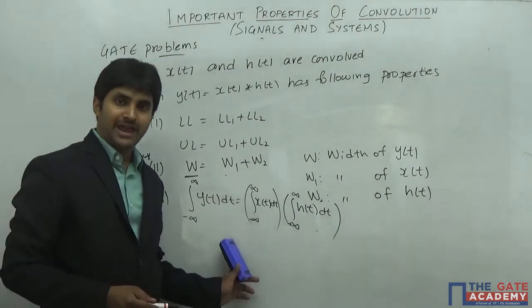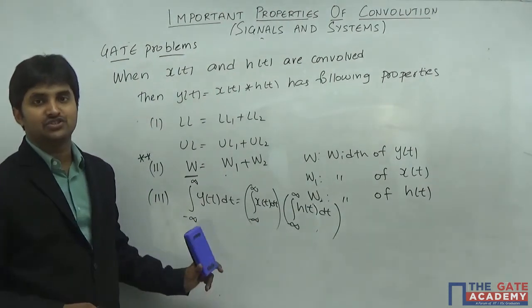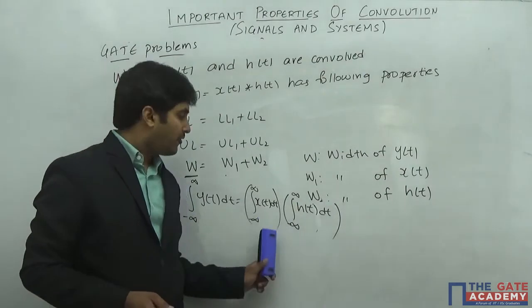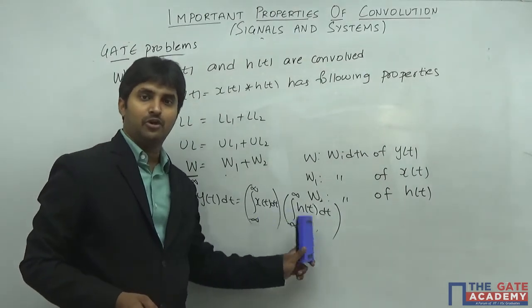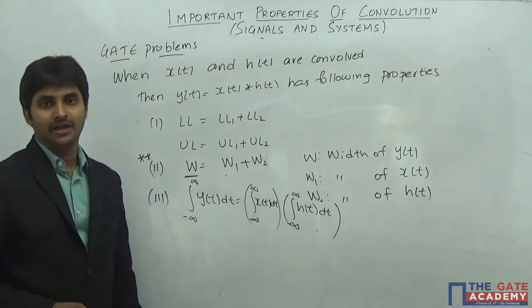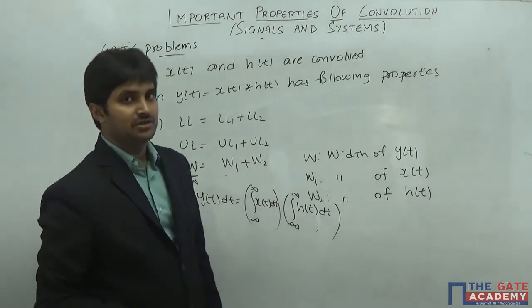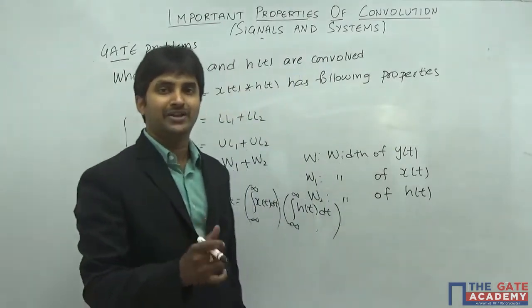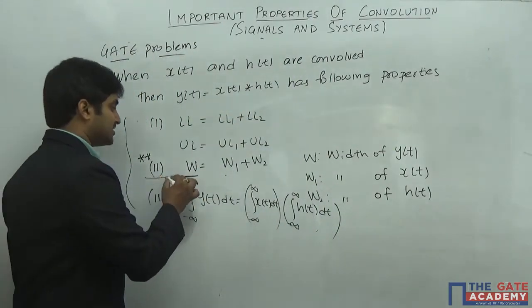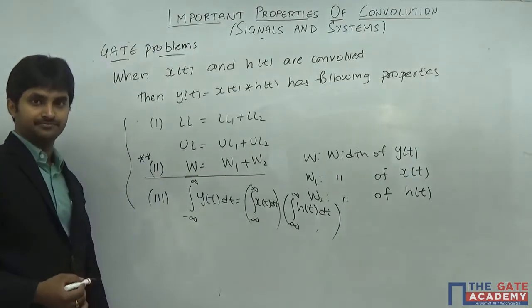The area or the integration of the output is equal to the product of integrations of the inputs. So these are the three very important properties which we have already learned, but with some change here, and the change is generally to the second property.